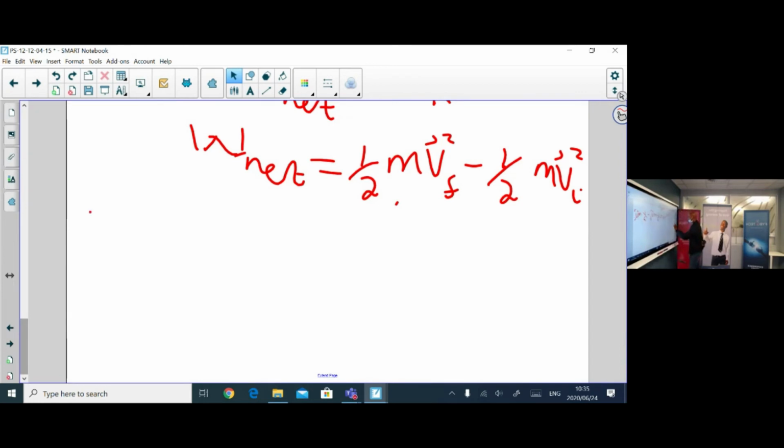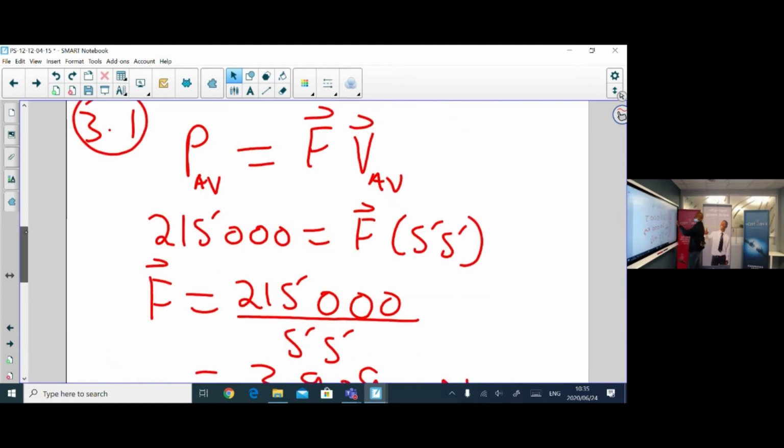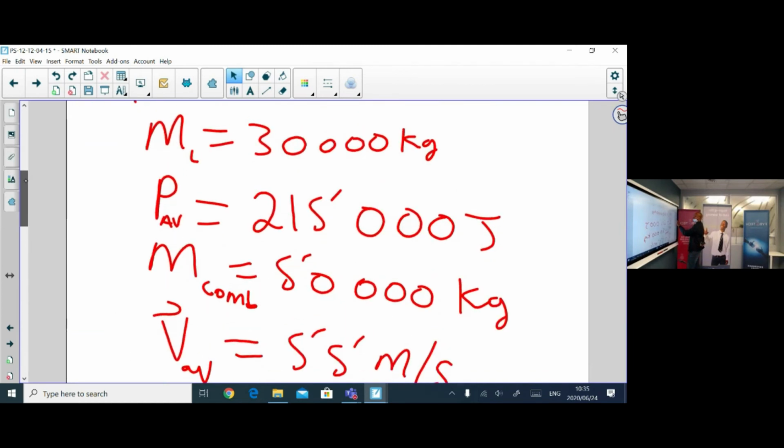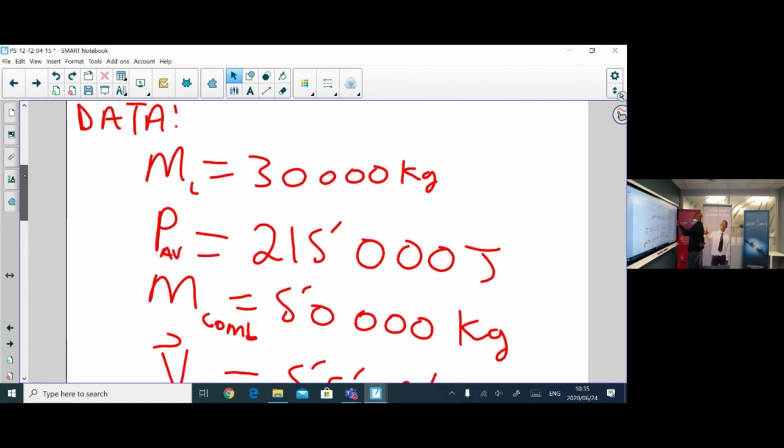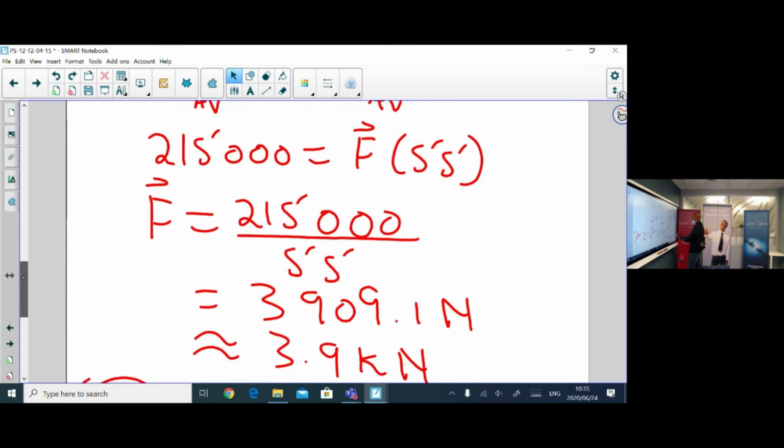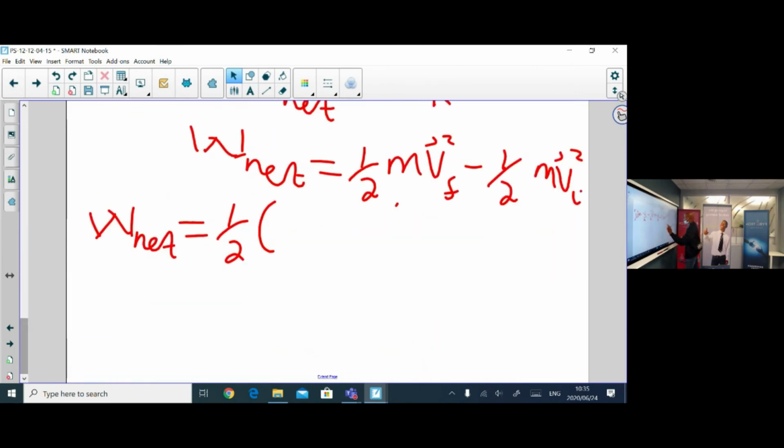In other words, W net should be equal to half the combined mass, which is 50,000 kilograms, and the mass of the locomotive, which is 30,000. We're going to get 80,000 multiplied by the final velocity, which is 0.